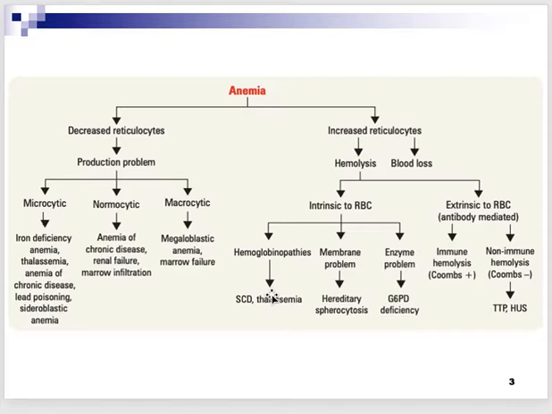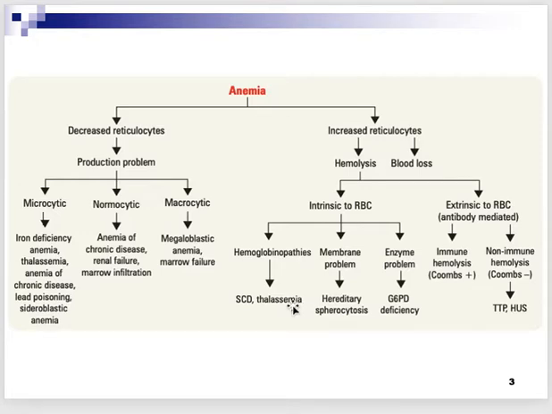Now there are many easy ways to remember the things about thalassemia. For example, I have my own ways of remembering what is alpha thalassemia, what is beta thalassemia. But simply, you can define thalassemia as defects in production of alpha or beta chains.